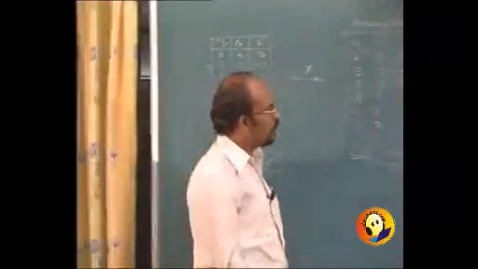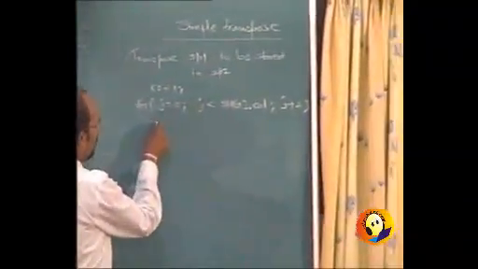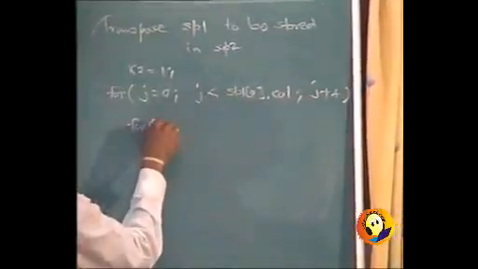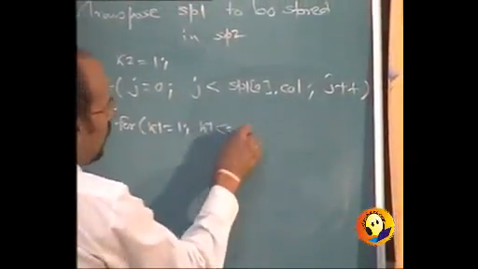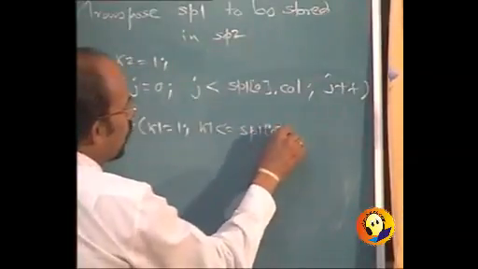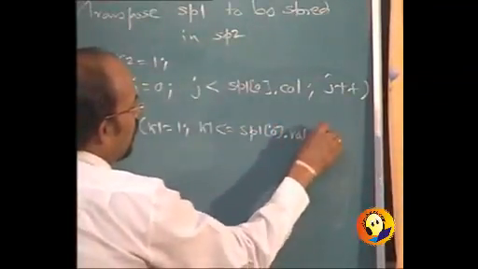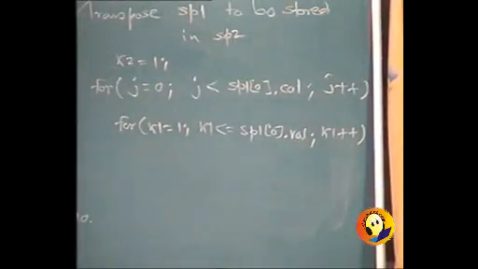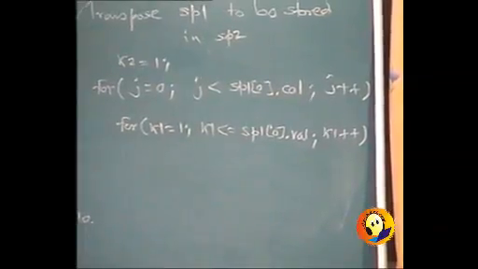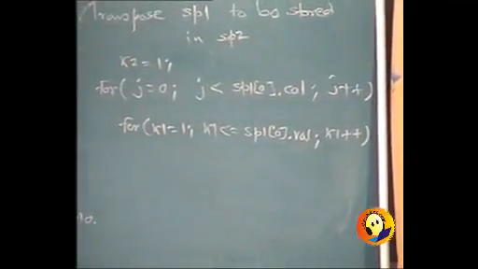Okay. So it will be again a for loop for K1 equal to 1, K1 less than or equal to SP1[0].val, K1 plus plus. So I am picking up one column number, that is 0, and checking throughout this array for that column number. So I will have to put a check.